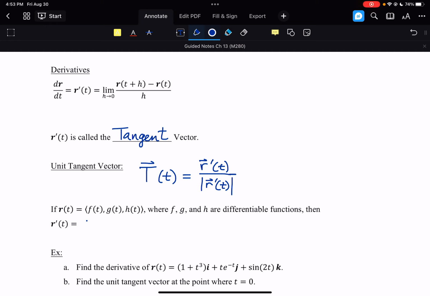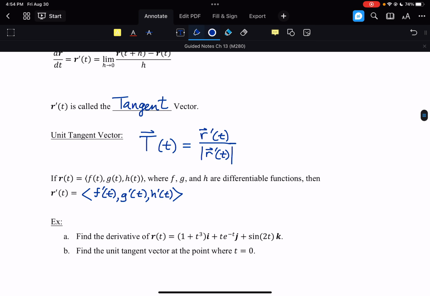So r prime of t is simply f prime of t, g prime of t, and h prime of t. We can essentially distribute the derivative into every component of the vector. There are no special tricks or rules we have to learn. We can just take the derivative one component at a time, and that results in r prime of t.